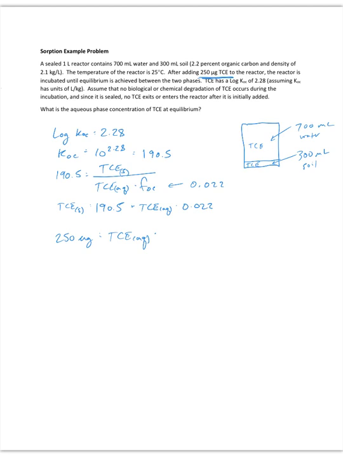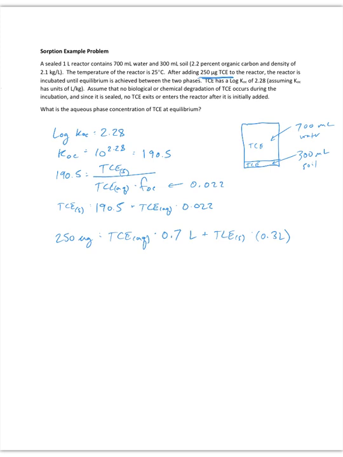Concentration is, let's say, a mass per volume. I multiply by volume and I get the mass of TCE in the aqueous phase. So this is 0.7 liters plus the concentration of TCE in the solid phase times the volume of that phase, which is 0.3 liters.